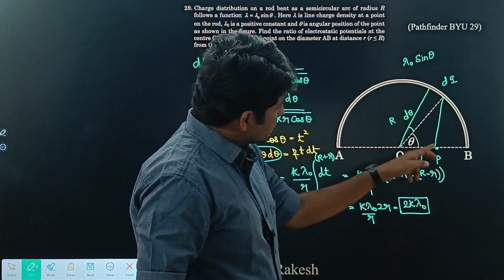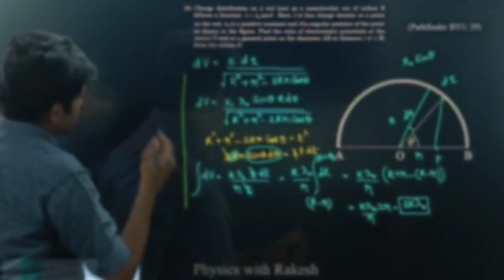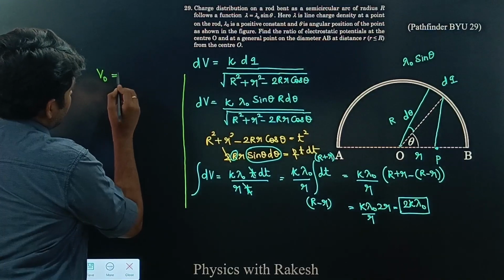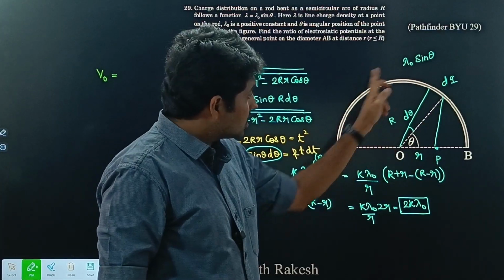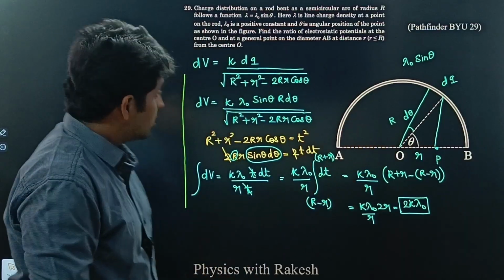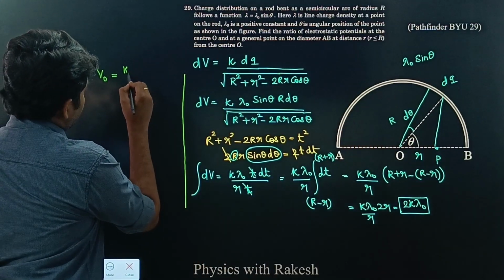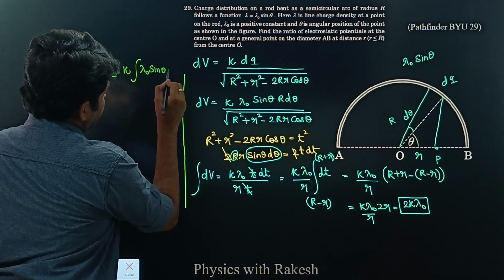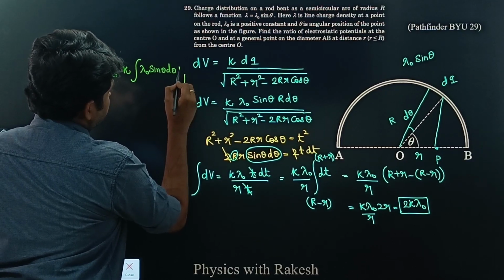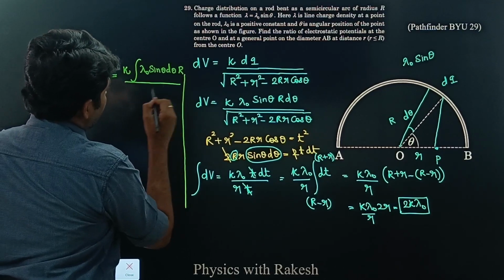Now, what is the potential at the center? Potential at O equal to k times total charge divided by r, because all the charges are at a distance r here. So k integral lambda naught sine theta r d theta divided by r.